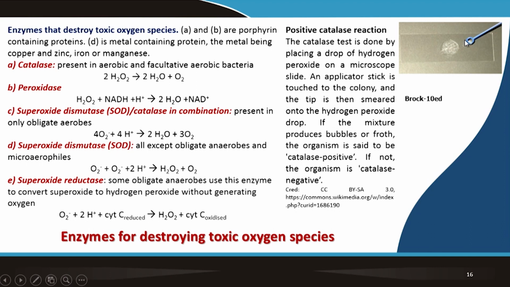This is the applicator stick, and the tip is then smeared into the hydrogen peroxide drop. If there are bubbles or froth, then the organism is considered to be catalase positive, and if there are no bubbles, if there is no froth, the organism is considered to be catalase negative.